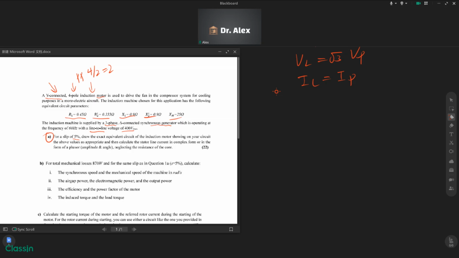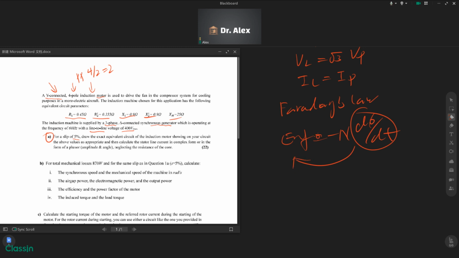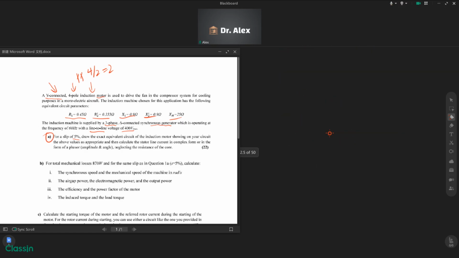And the very bottom physical law behind all these things is Faraday's law, which is EMF equals minus N d phi dt, which means the varying magnetic field will generate the electrical field. Okay, so let's draw the equivalent circuit.